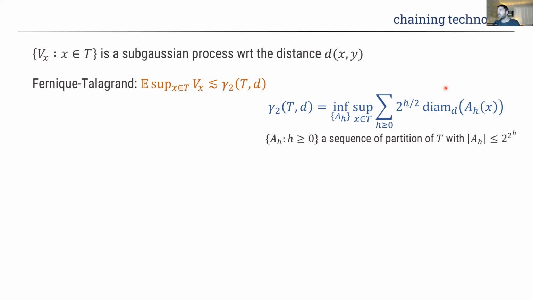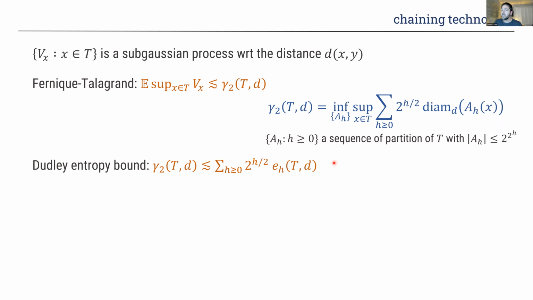This doesn't tell us very much because it's not so easy to see how to take some abstract index set T with a distance and construct a nice partition. Fortunately, an earlier bound of Dudley, which I'm just restating here in the chaining language, says that we can get an upper bound on this gamma 2 just by controlling these entropy numbers.